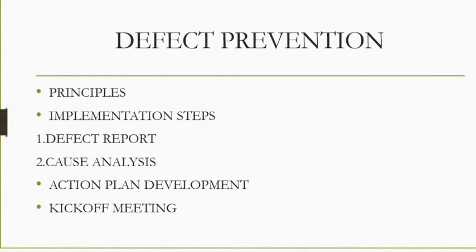Software defect prevention is a strategy applied to the software development life cycle that identifies root causes of defects and prevents them from recurring. It is the essence of total quality management, that is TQM. DP, defect prevention.